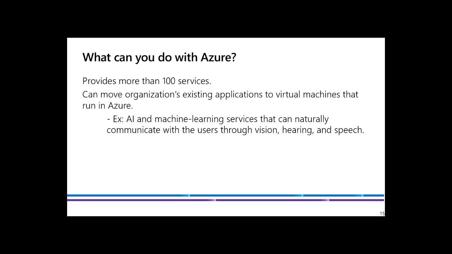So migrating your existing apps to virtual machines is a good start, but the cloud is a much different place to run your virtual machines. So, for example, Azure provides AI and machine learning services that can naturally communicate with your users through vision and hearing and speech.